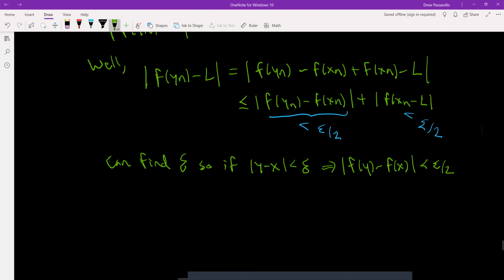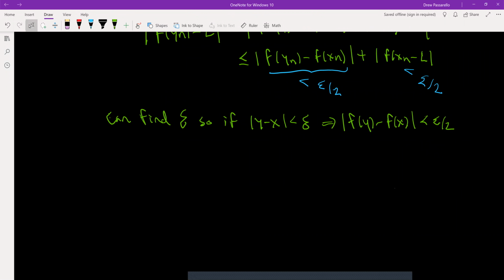All right, so how do we do this? For sequences yn and xn, if we have the absolute value of yn minus xn, and we know each one of these converges to b, that's equal to the absolute value of yn minus b plus b minus xn.